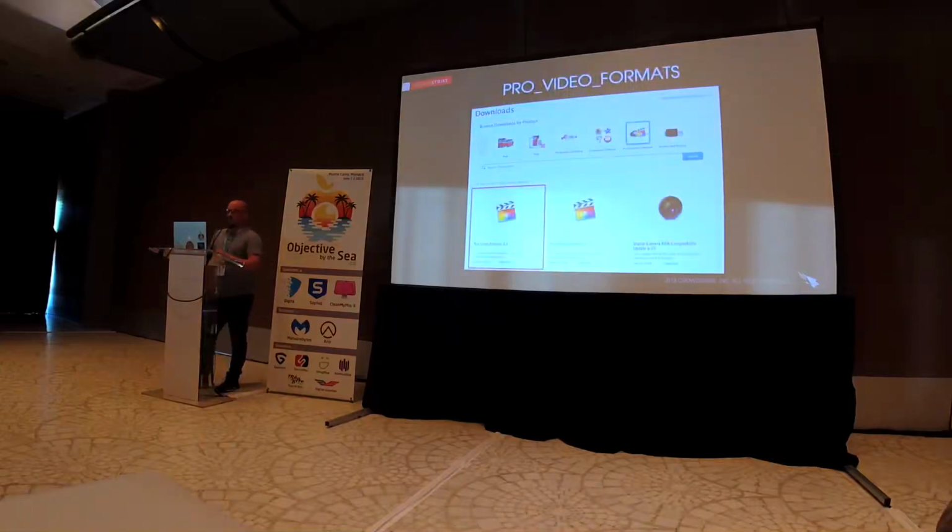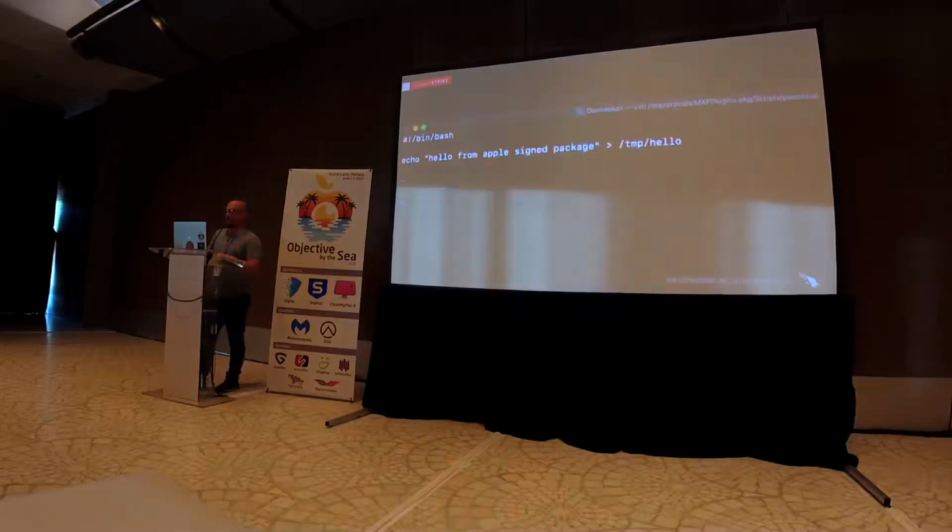It just so happened that at the time I was working on this, they had released something called Pro Video Formats, which is just a number of updated codecs that you can download and install. And this was right at the right time. It puts those codecs in SIP protected directories, so I knew whatever logic had to be in place for this to happen should in fact exist.